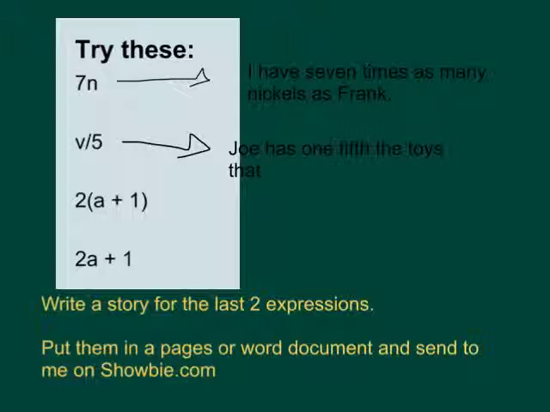Vivian is what I was going for there. Joe has 1/5 the toys that Vivian has. So V divided by 5, this expression represents Joe's toys. Joe's toys can be calculated by V, Vivian's toys, divided by 5.